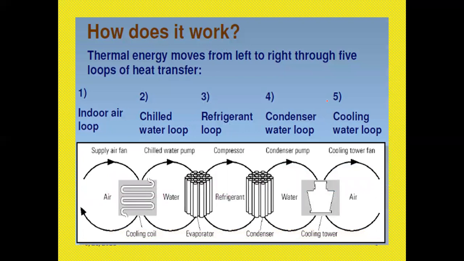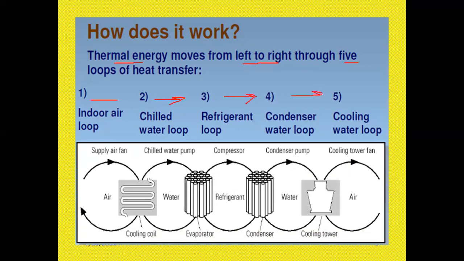So how does this VCR work? The thermal energy moves from left to right through 5 loops of heat transfer. In the heat transfer concept, the thermal energy is moving from left to right through 5 loops.